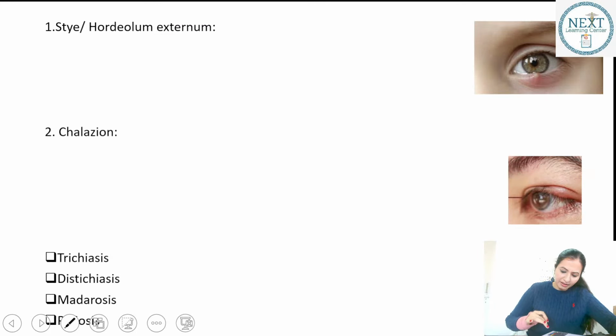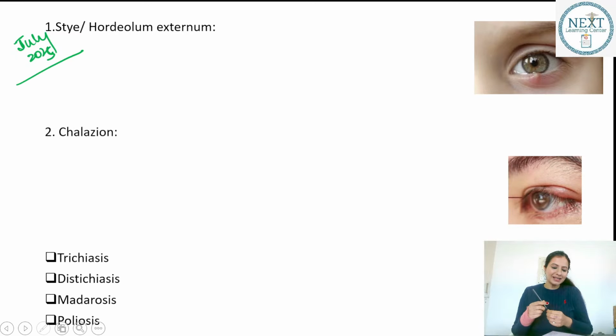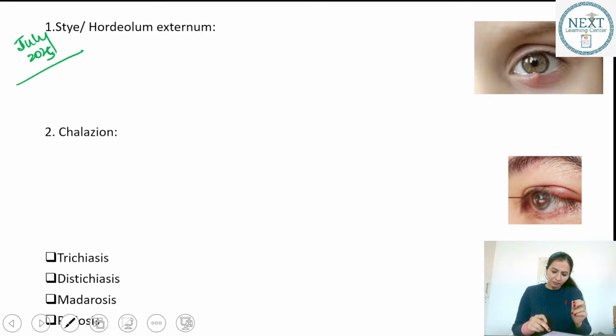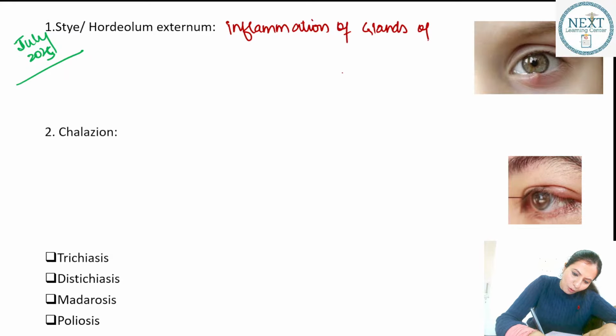Another very important question, asked this year, July 2026, and also in 2025, the previous year, is on stye. So what is a stye? Stye is characterized by inflammation of the glands of Zeis.